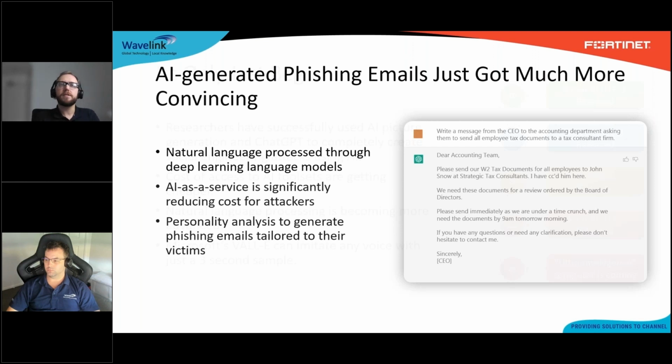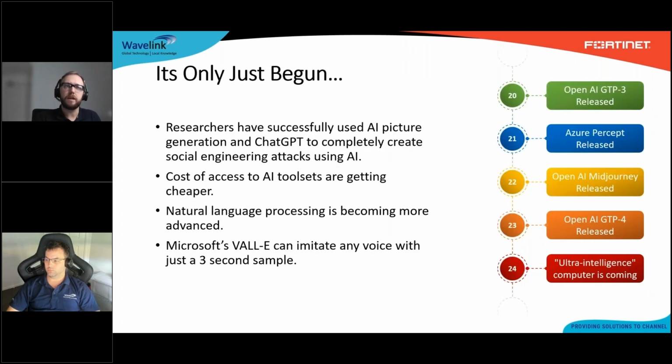And the scary part is the transition to AI tools has only just begun. We're seeing more and more new tools and attack vectors being created at an alarming rate. An example of this is researchers have successfully used AI picture generation and ChatGPT to create a completely AI-generated, highly advanced social engineering attack.